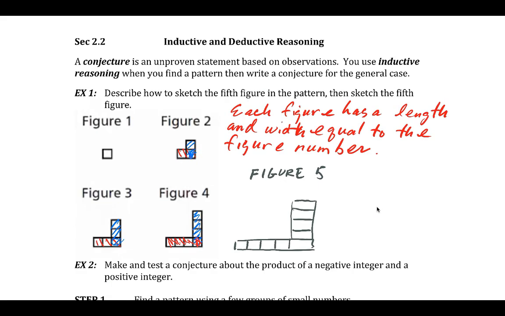If you notice, I do have 5 in this direction and 5 in this direction. So I have my conjecture, and it's pretty good.